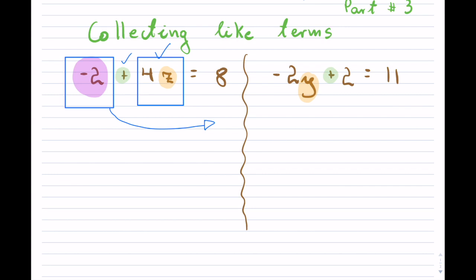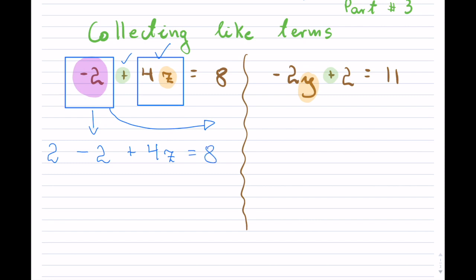So what I will do is, on both sides, add 2 to the -2. Here I'm going to rewrite the rest of it.